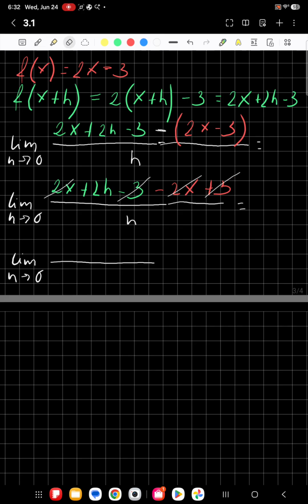The fraction line is too long still. So we have 2h over h. Cancel the h's and we get 2. Alright, so that was a little silly, because we already knew what that slope is. But you'll see more examples, obviously.